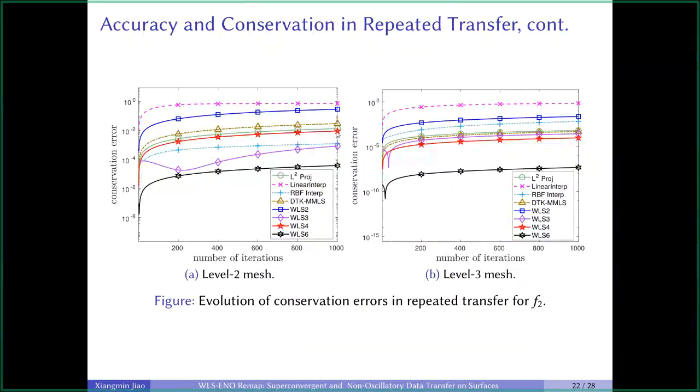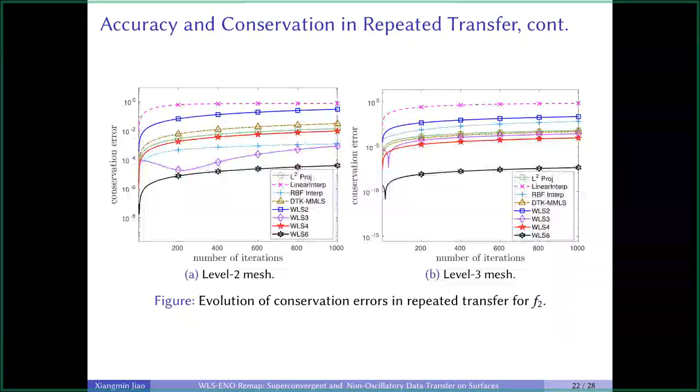So basically, to have good conservation property, you either need to enforce conservation strictly for low order methods, or you switch to a high order method. Then you have similar or even better results than low order conservative methods. That's for smooth functions.